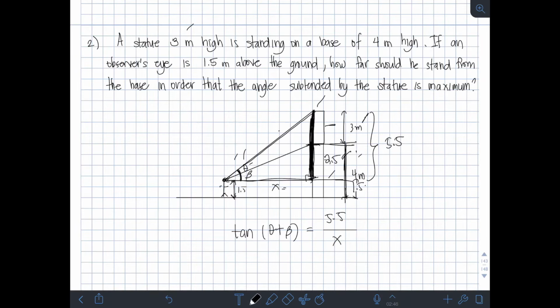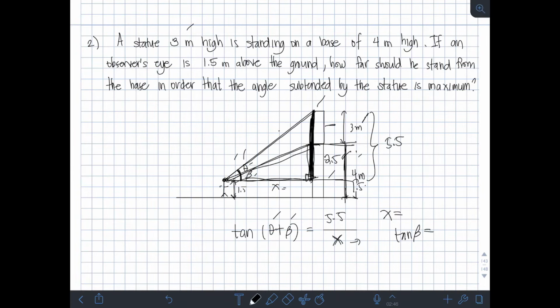Okay? So, itong x, i-represent natin in terms of dapat either theta or beta lang. So, pwede natin ma-represent itong x in terms of beta. Right? Kasi, using this smaller right triangle, ano naman yan? X is equal to what? So, gamit tayo ng tangent.